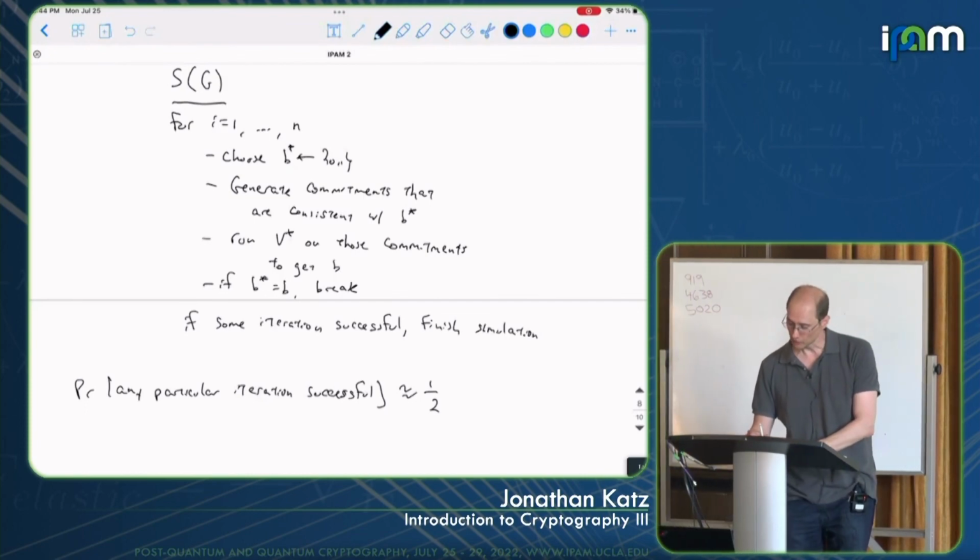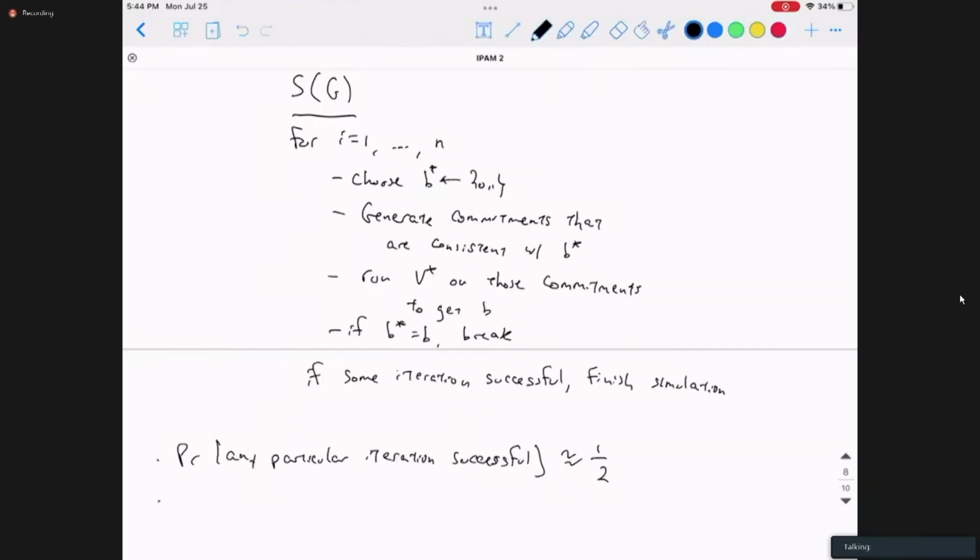And the second thing to show is that, conditioned on a successful iteration, the transcript is indistinguishable from the real-world transcript.